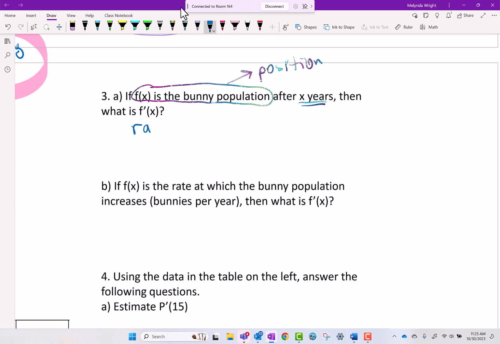The rate the bunny population is changing. You with me? So it's the rate the bunny population is changing. That's like my noun, or action, if you want noun or action.